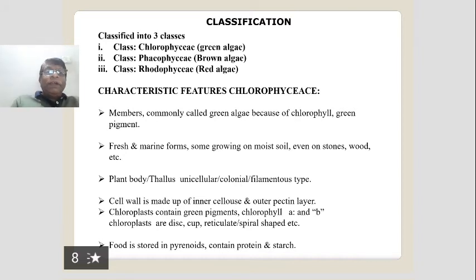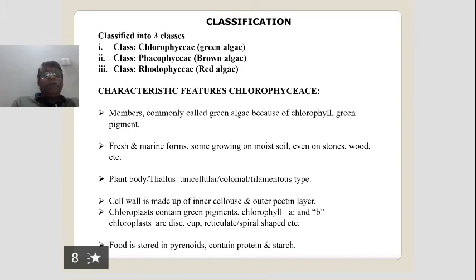Because of the presence of chlorophyll pigment. Chlorophyll pigment means it is a green pigment. We see plants and trees all appear green. Why? Because of the chlorophyll pigment.